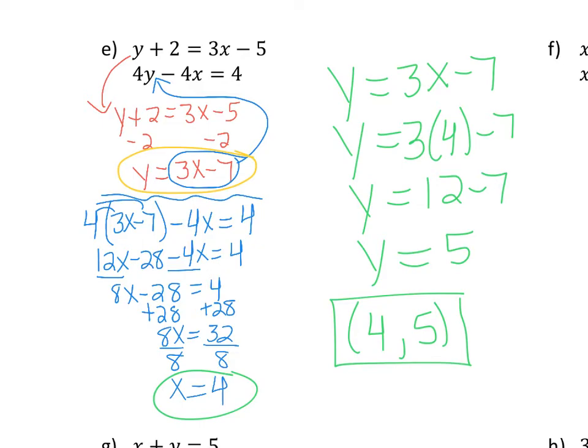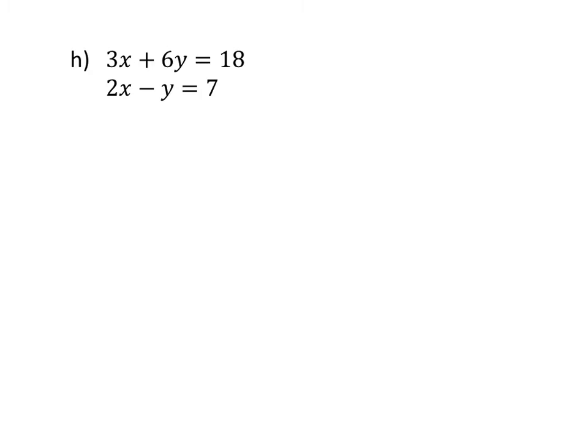Let's jump to h. Okay, letter h. Now, I'm going to choose the second equation, and I'm going to get y by itself. So I'm going to first start by subtracting 2x. I get negative y equals negative 2x plus 7.